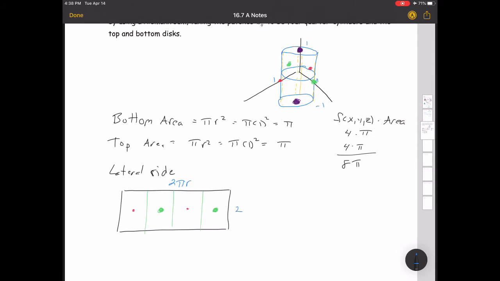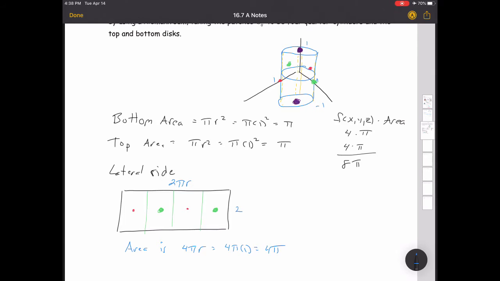So the total area is 4 pi r. But the radius is 1, so we get an area of 4 pi times 1, or 4 pi.